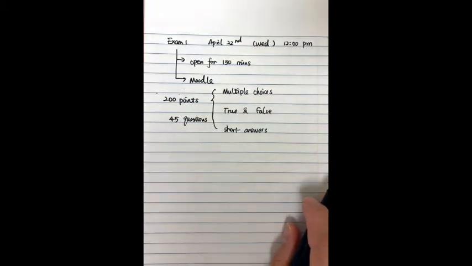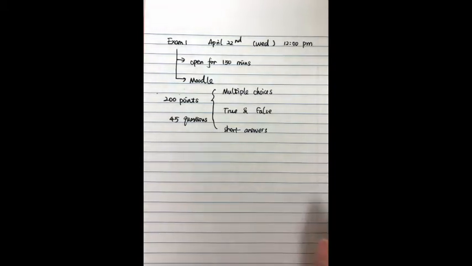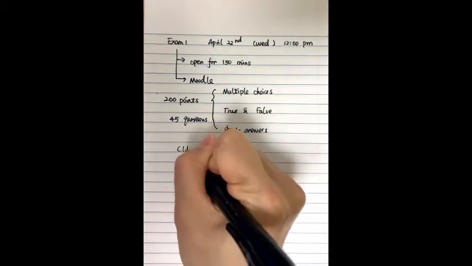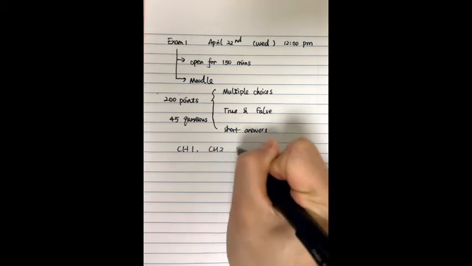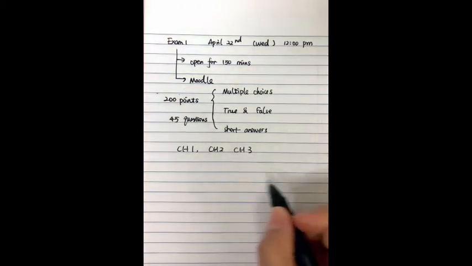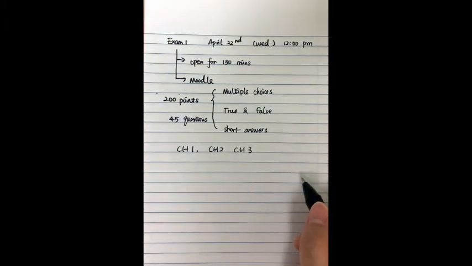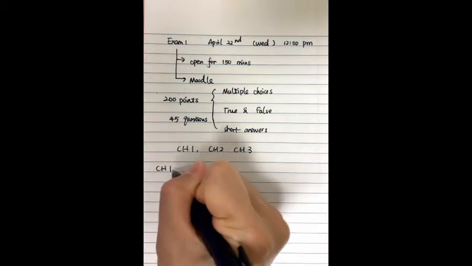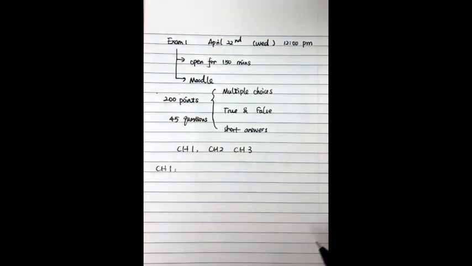Then let's talk about what content could be covered in this exam. This exam will cover chapter 1, chapter 2, and chapter 3. Those 3 chapters will be included in exam 1. Let's first look at chapter 1. For chapter 1, we're talking about 10 principles of economics, mainly focusing on 5 foundations, right?